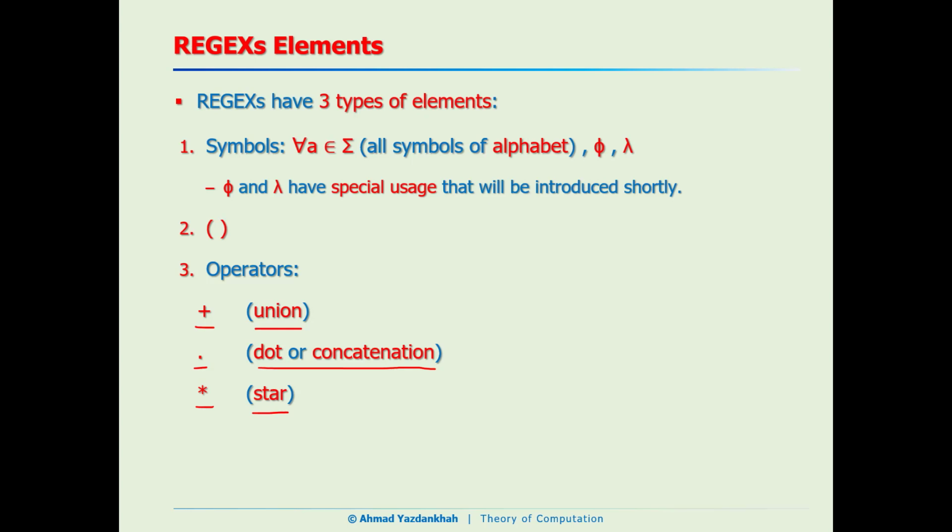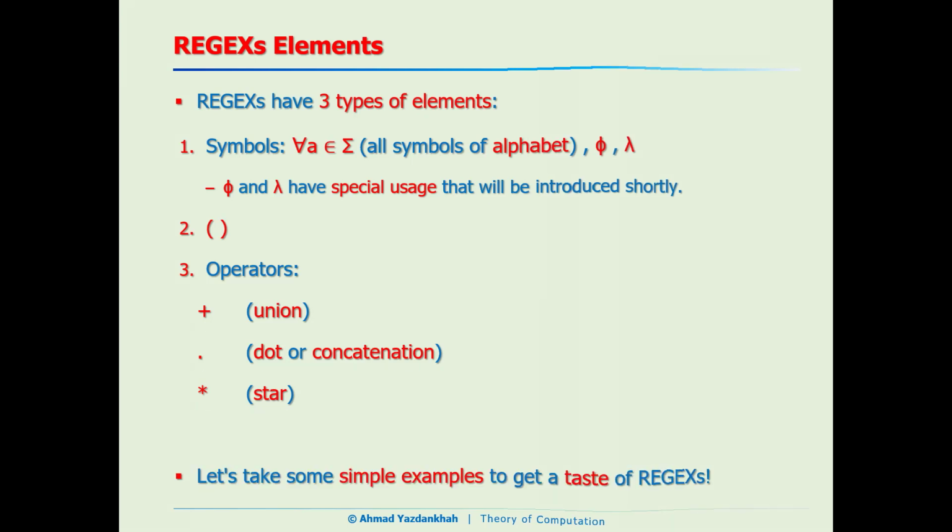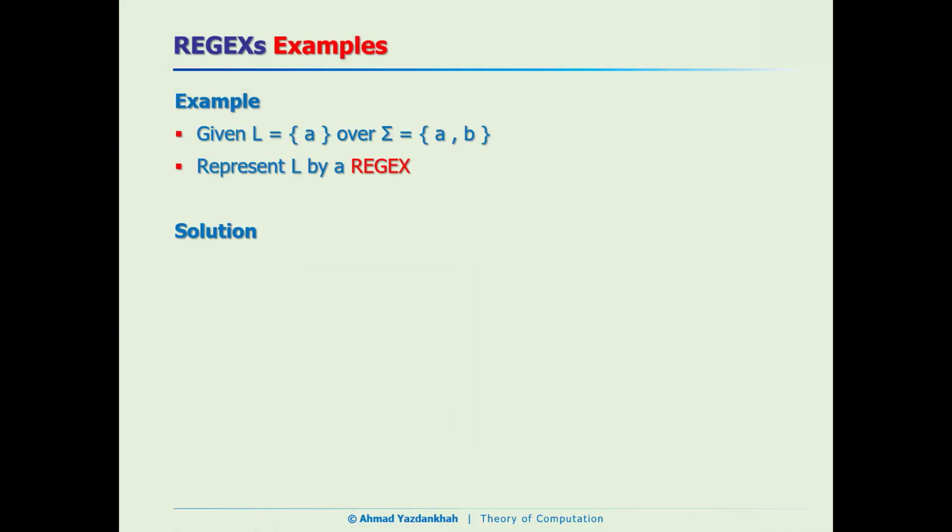Before defining the regex rules, let me take some simple examples to give you a taste of regular expressions. So this is a language. It has only one string, a, and the alphabet is this, and we are asked to represent L by a regex.